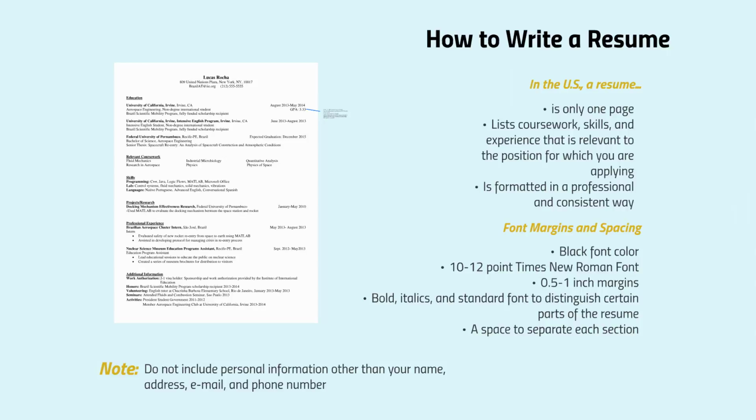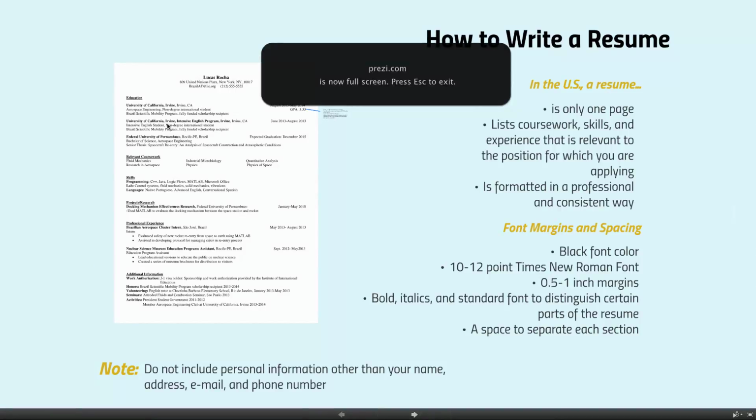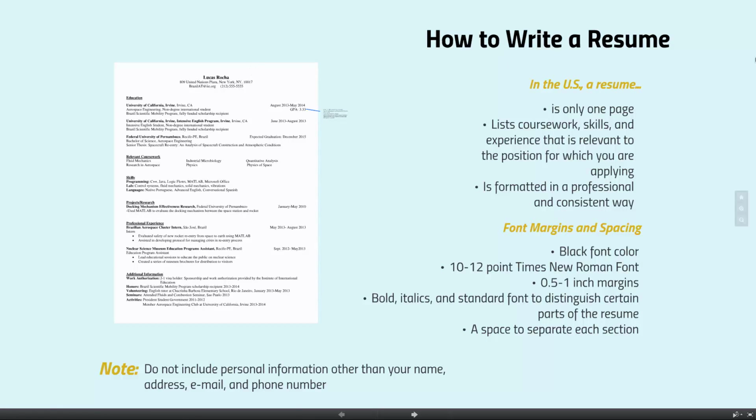You should use bold, italics, and standard font to distinguish certain parts of the resume, and a space to separate each section. For most fields of study, for most industries, a simple resume, cleanly formatted, is best. So something that is similar to this right here.